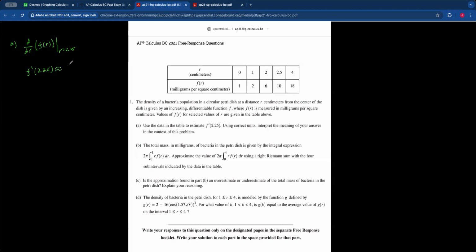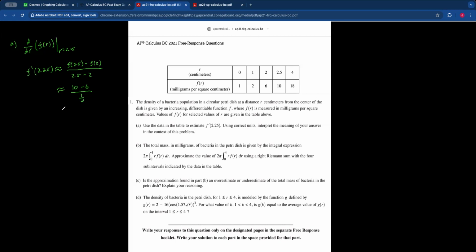So we would say this will be approximately f of 2.5 minus f of 2 all over 2.5 minus 2. Keep in mind this is a calculator section, so you can use a calculator if you need, but this problem seems easy enough. f of 2.5 is 10, f of 2 is 6, and 2.5 minus 2 is just 1/2, so 0.5.